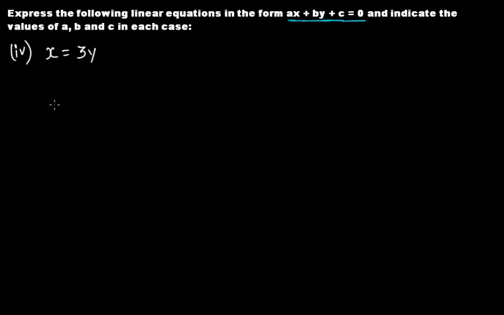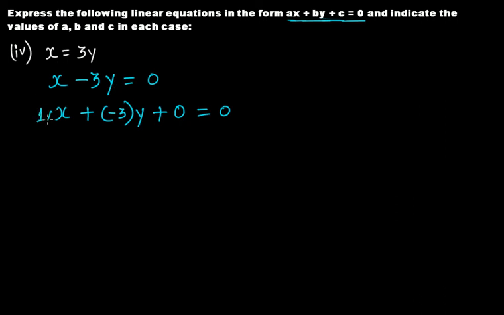X equal to 3y, so this is x minus 3y equal to 0. Okay, now this is x plus minus 3y plus 0 is equal to 0, because if you add 0, will it make any difference to this? No. So this is 1 multiplied by x plus minus 3 multiplied by y plus 0 is equal to 0.